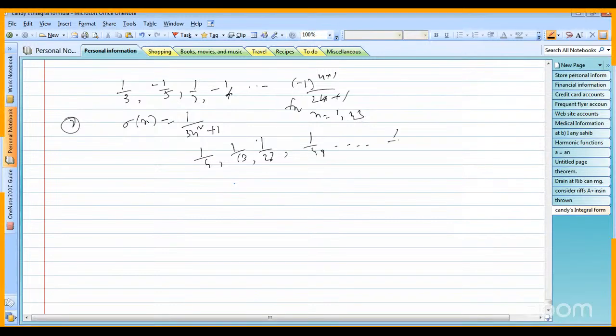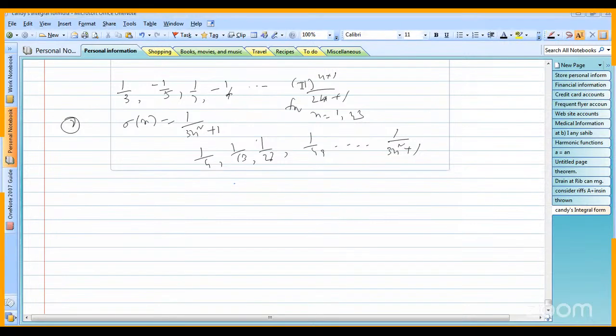The limits we are taking 1 by 3n square plus 1.